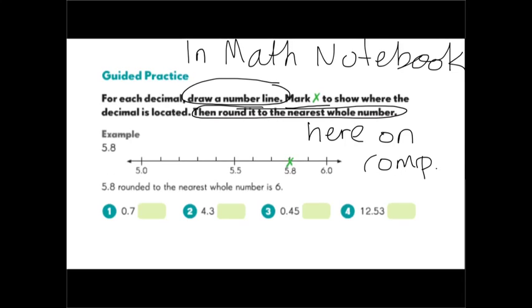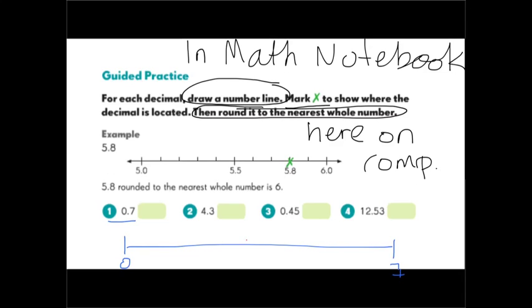So let's look at the answers that you found. So we're looking at 0.7, which means that we need a number line of 0 and 1.